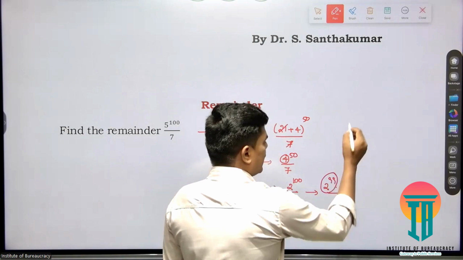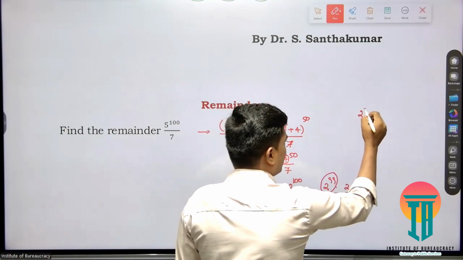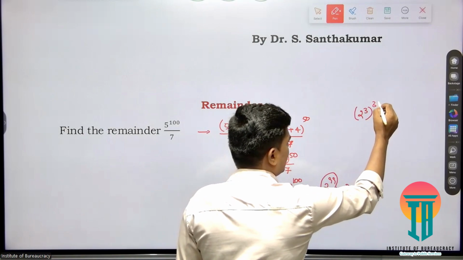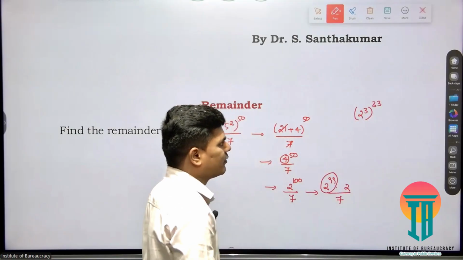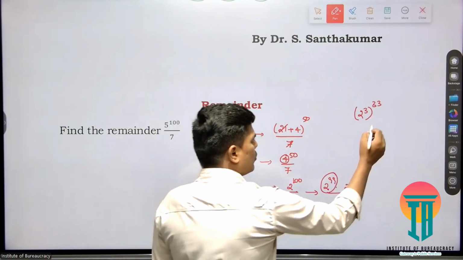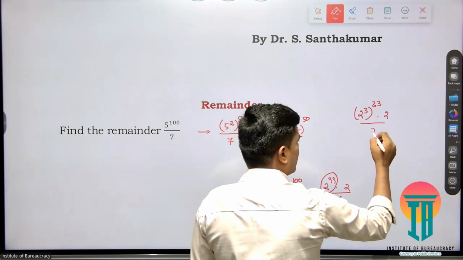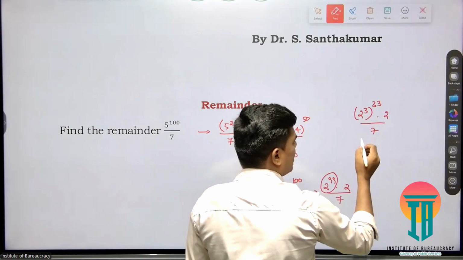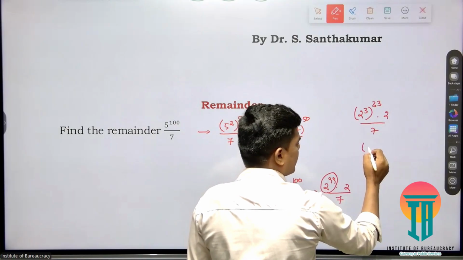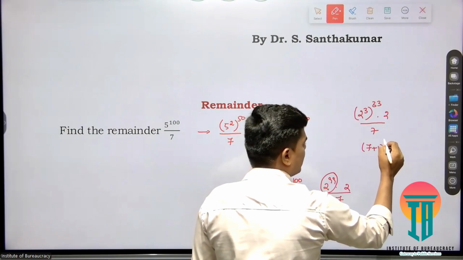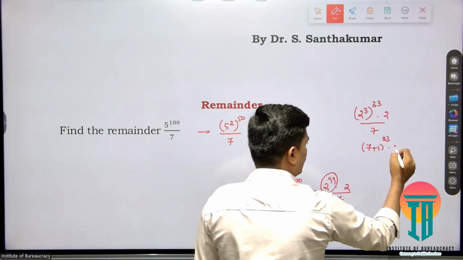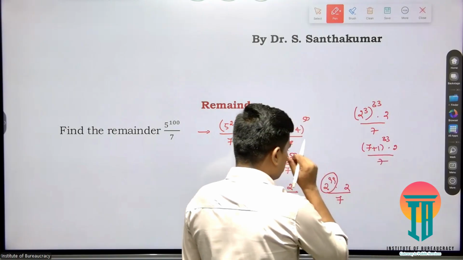This 2 power 99 is (2 power 3) power 33, since 33 into 3 is 99, into 2 divided by 7. 2 power 3 means 8, and 8 can be written as (7 plus 1) power 33 into 2 divided by 7.